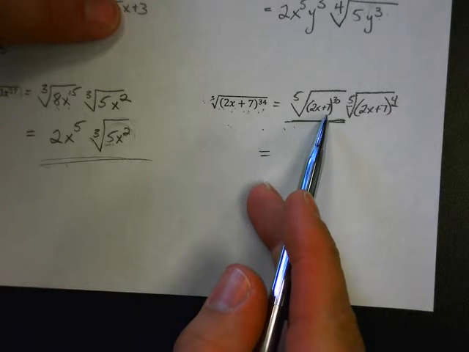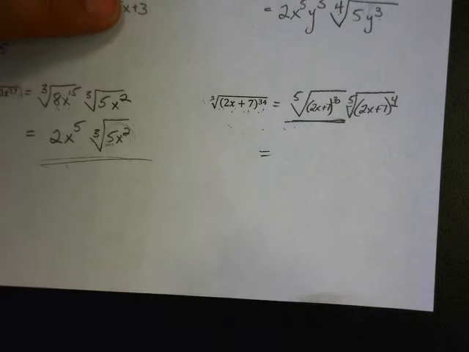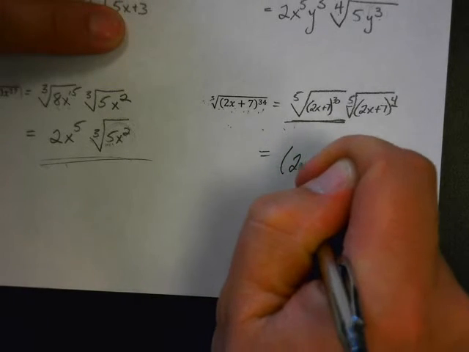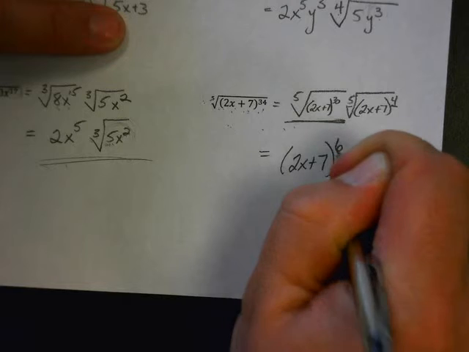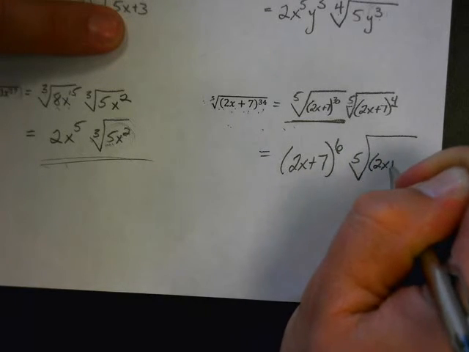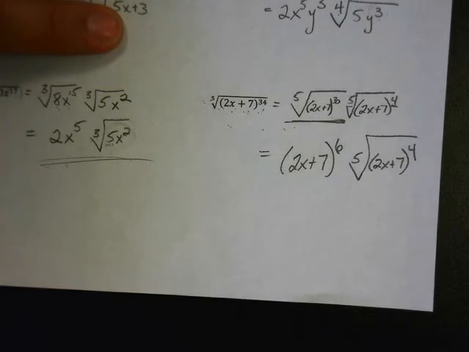What's the fifth root of 2x plus 7 to the 30? Times the fifth root of 2x plus 7 to the fourth. You can't go any further. You're done.